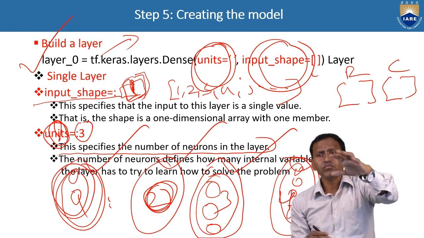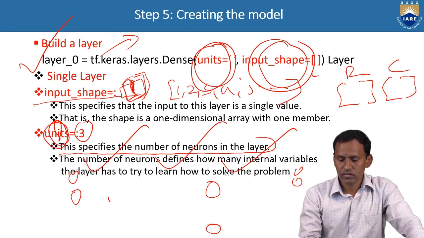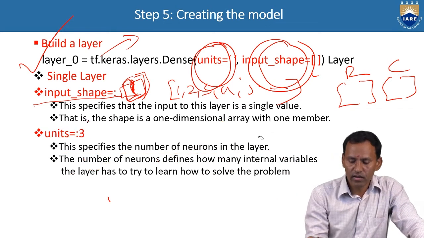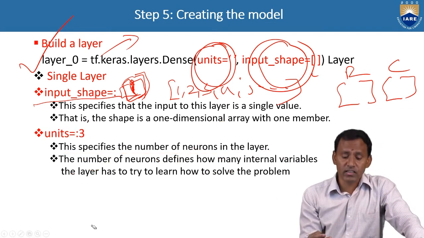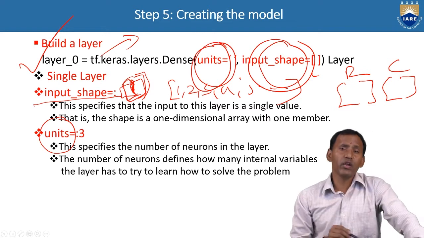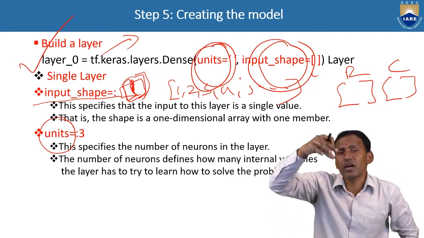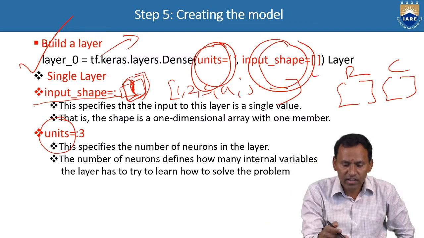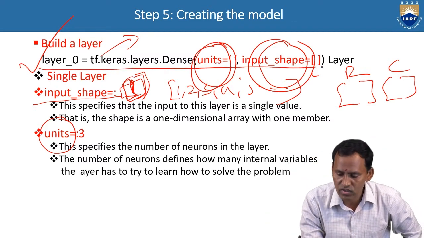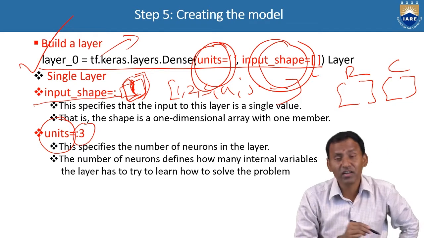Now we have to define neurons. We specify neurons by using the units parameter, which gives the number of neurons available in the layer. Here 3 means 3 neurons.